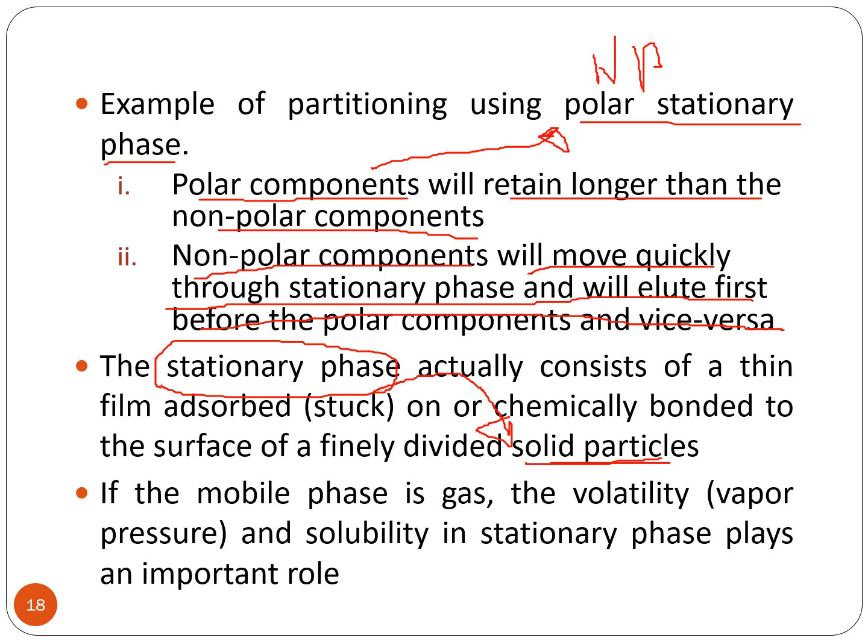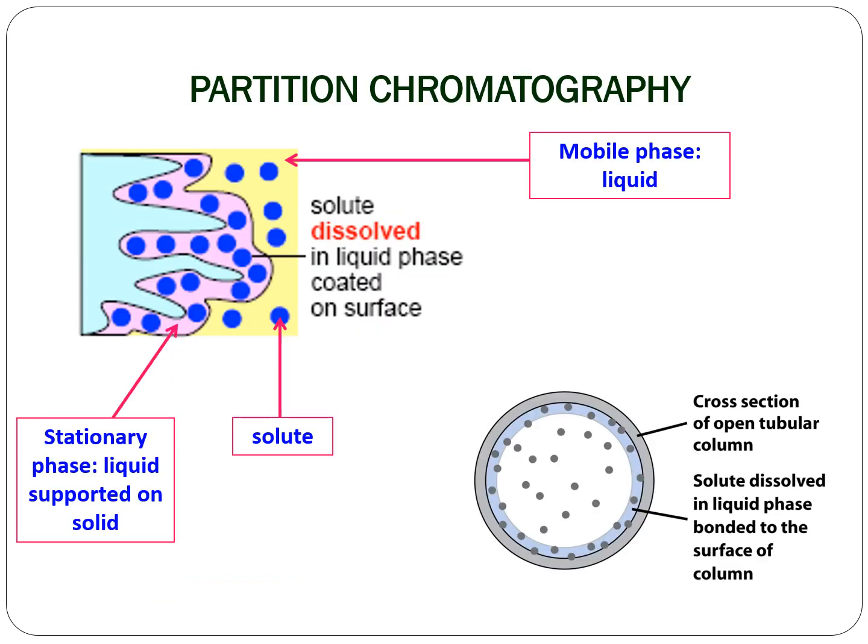Okay, if the mobile phase is gas, the volatility or vapor pressure and solubility in stationary phase plays an important role. Okay, so this is the diagram. Okay, contoh kata stationary phase adalah dalam bentuk liquid which is chemically bonded dekat solid.